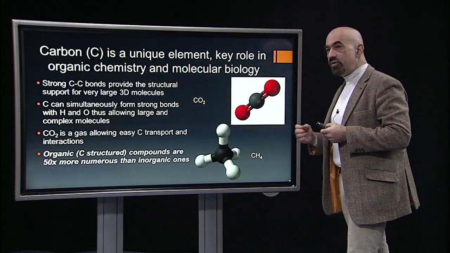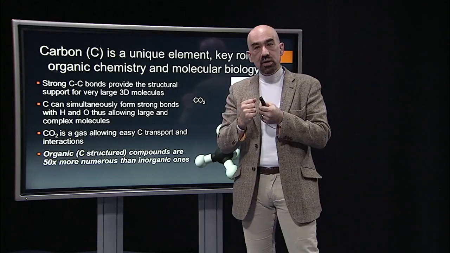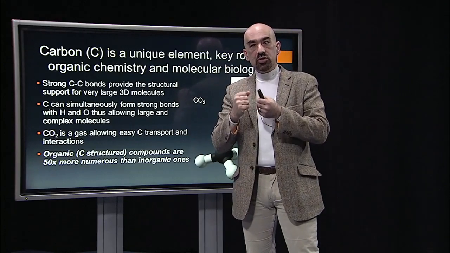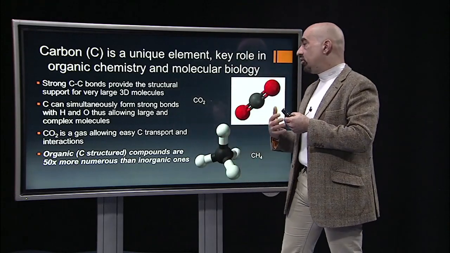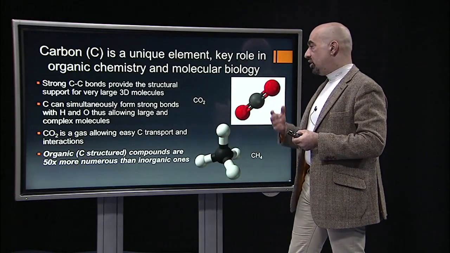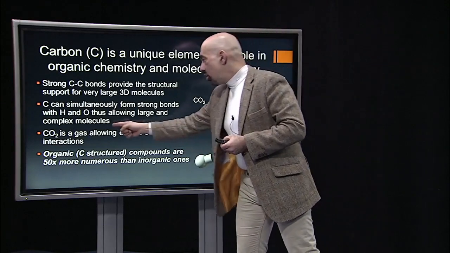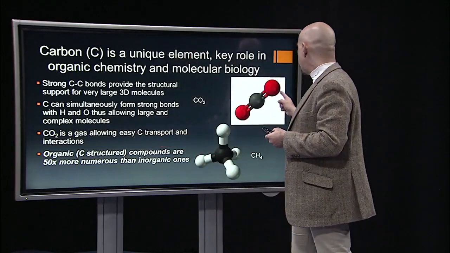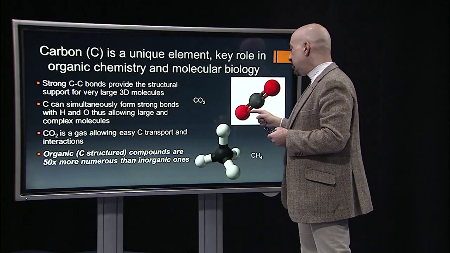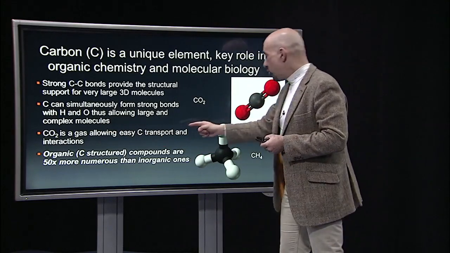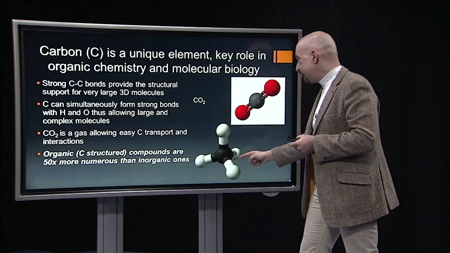Not only can carbon form strong bonds with carbon, carbon can also form strong bonds with hydrogen and with oxygen. That lets you build complex molecules. When you bond carbon with oxygen, you can form carbon dioxide, and that's a gas that lets you move easily through materials. When you bond carbon with hydrogen, you can form methane.